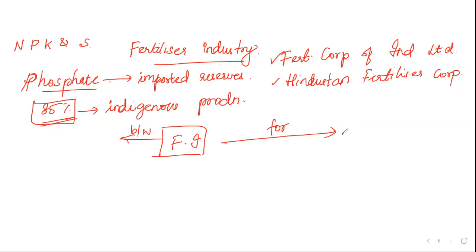Agriculture is a forward linkage of the fertilizer industry. When we talk about backward linkage, the raw materials or the byproducts of one industry are being utilized by the fertilizer industry.